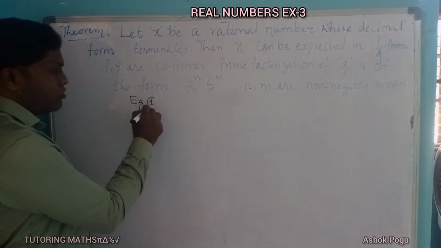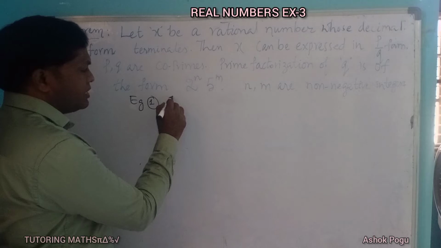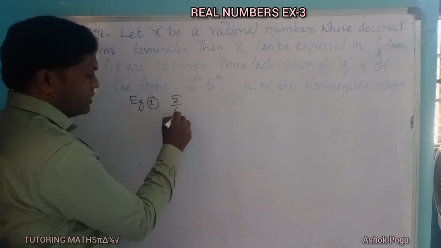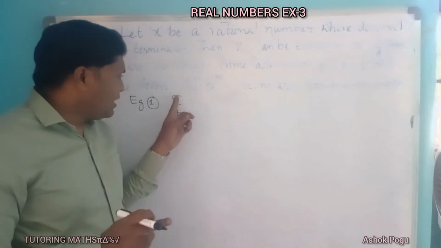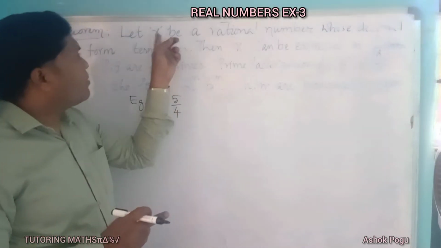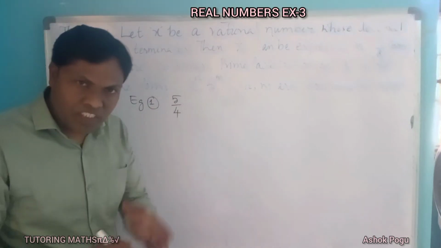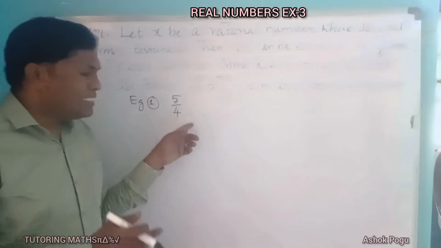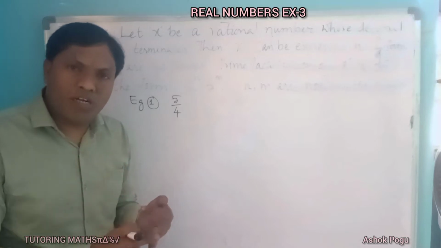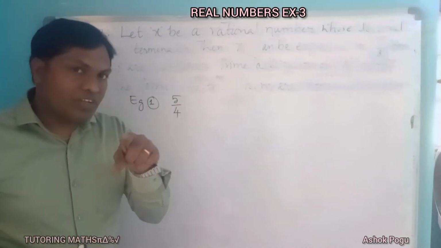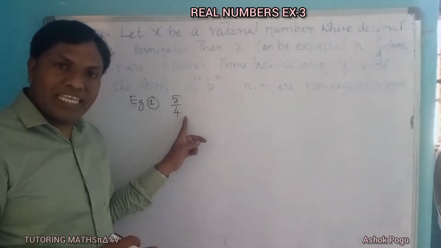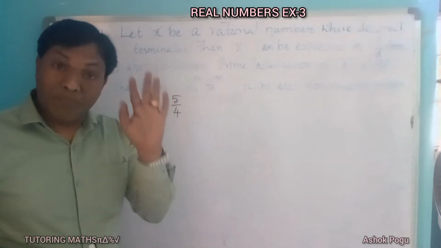For example, you take 5 by 4. This is the p by q form. Here x is a rational number in the form of p by q. Is it terminating or not? Let us find. First of all, convert this into decimal form.